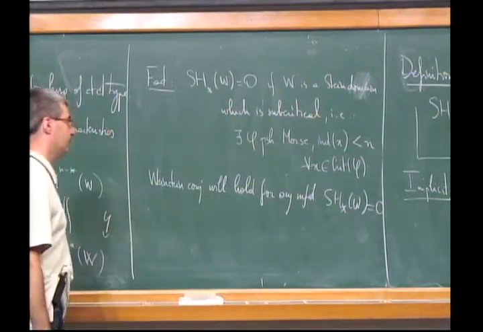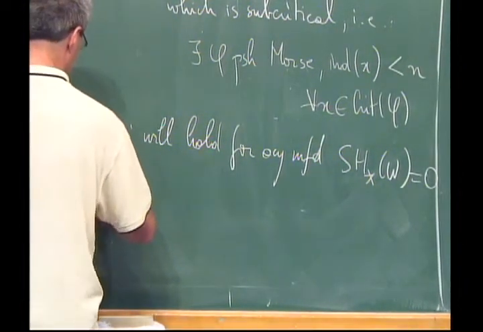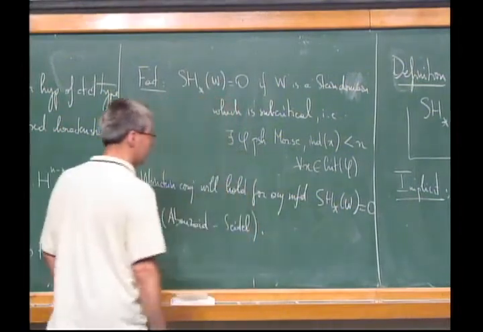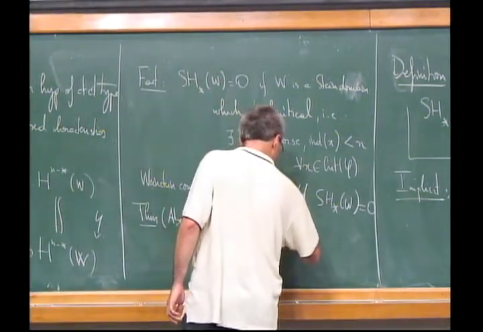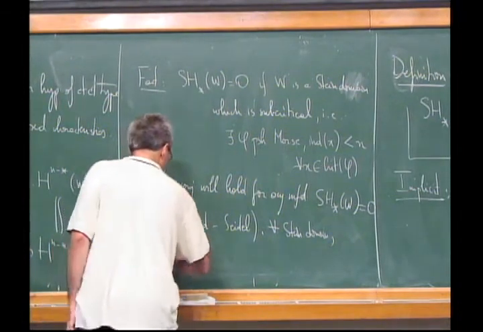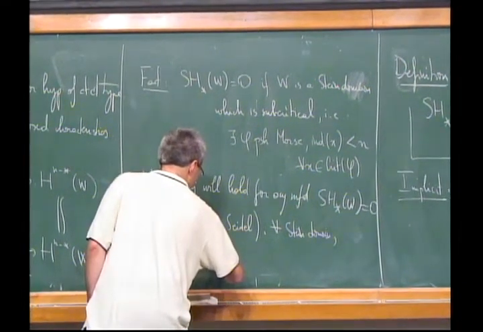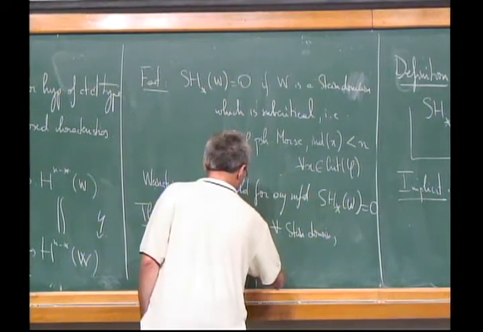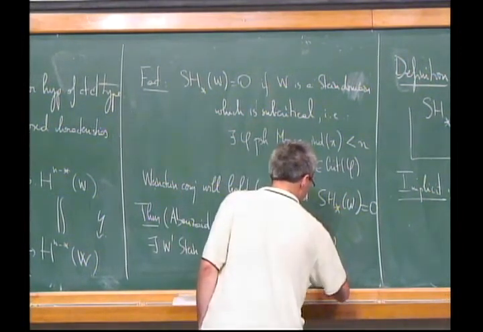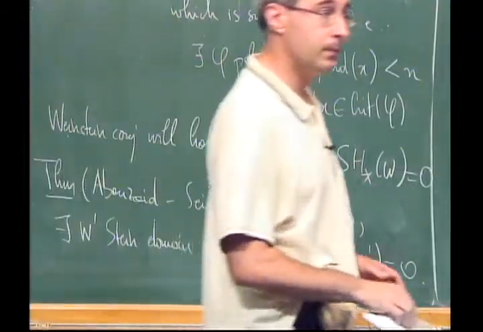And as a matter of fact, here's a theorem by Abouzaid and Seidel, which says that for any Stein domain W, there exists another Stein domain W prime which is diffeomorphic to it, such that the symplectic homology of W prime is 0. So that's also related to the same kind of question.